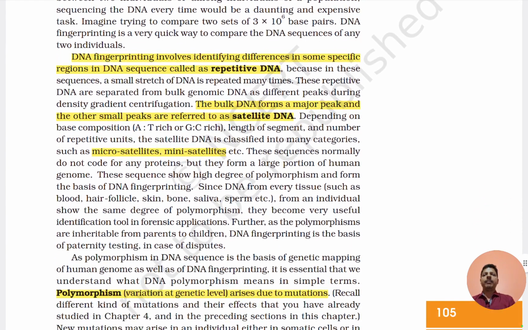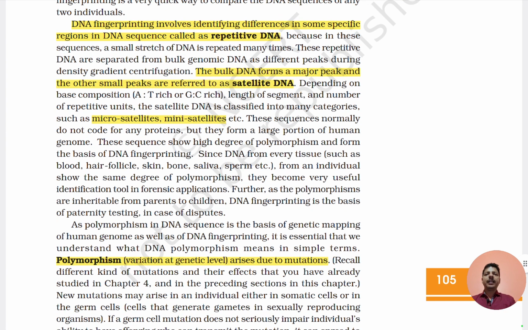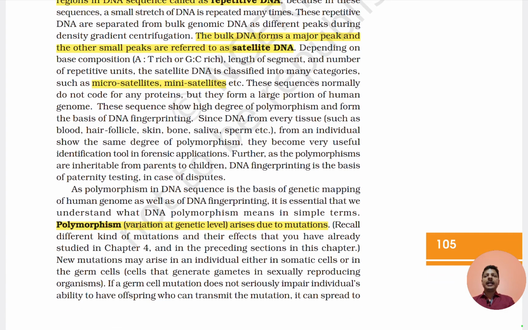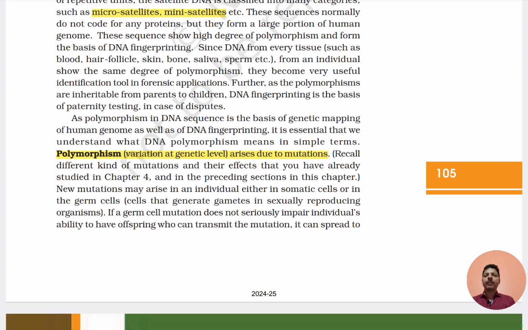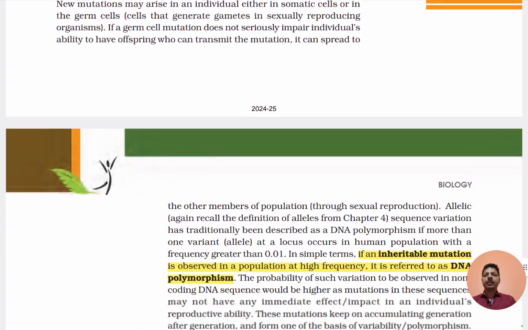DNA fingerprinting involves identifying differences in some specific regions in the DNA sequence called repetitive DNA. The bulk DNA forms a major peak and other small peaks are referred to as satellite DNA. There are two satellites, micro and mini satellites. Polymorphism: variation at the genetic level arises due to mutations.